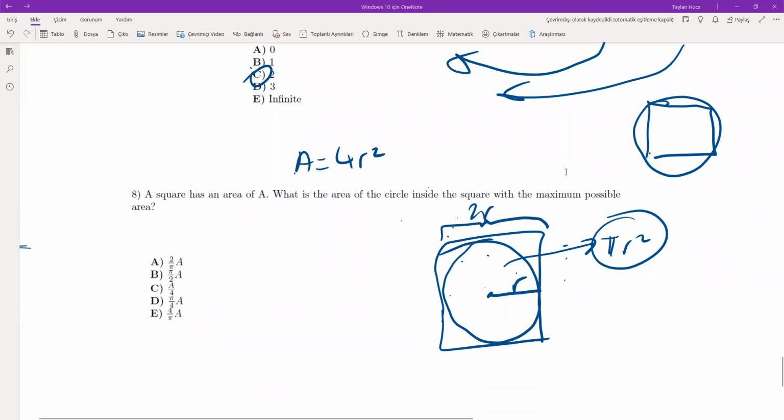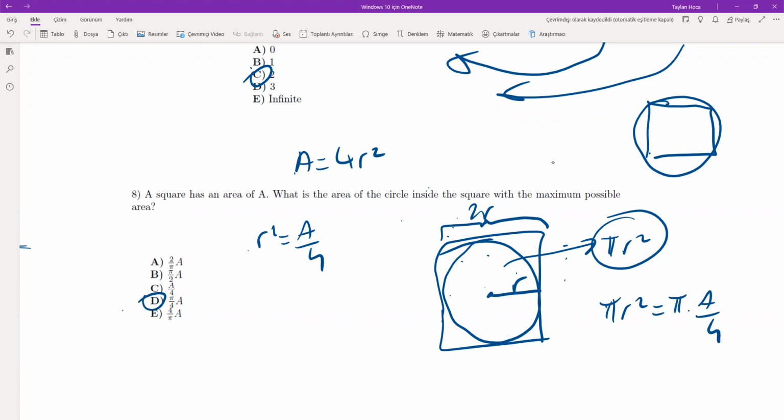No idea? A is 4r squared. What is pi r squared? Like, r squared is A over 4. Then pi r squared is pi times A over 4, which is pi over 4 A. That's it. So, I asked circle inside square instead of square inside circle. Both are good.